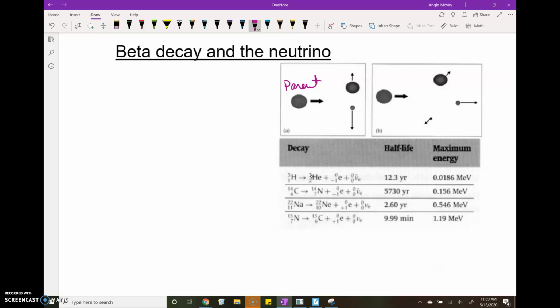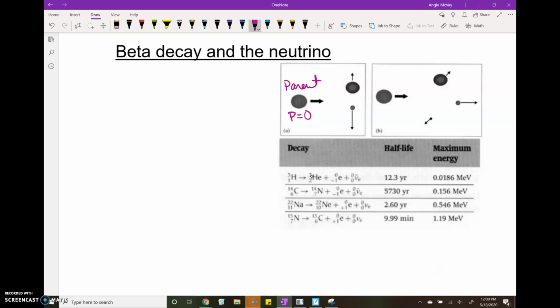Say this parent nucleus has a momentum of 0. They were able to detect 2 particles coming off of the parent nucleus: your daughter nucleus right here, and then your beta particle.